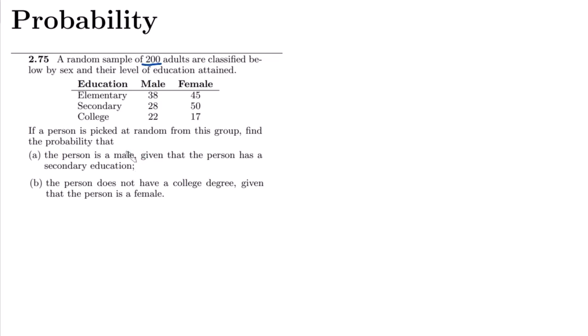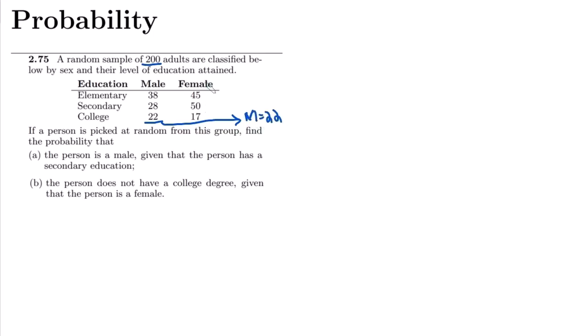But before going to discuss part A and part B here, let me have some probabilities here. The total number of male individuals here is 38 plus 28 plus 22, so this is 88.